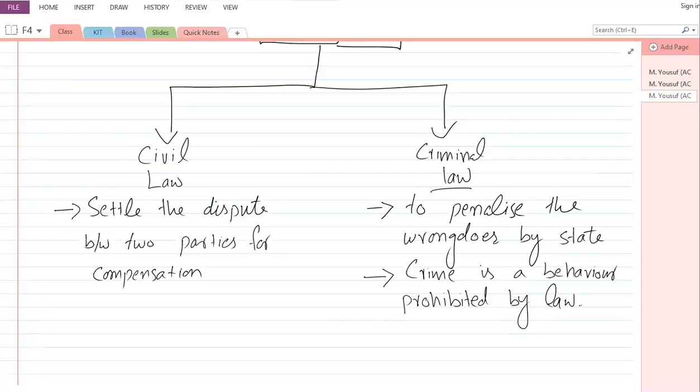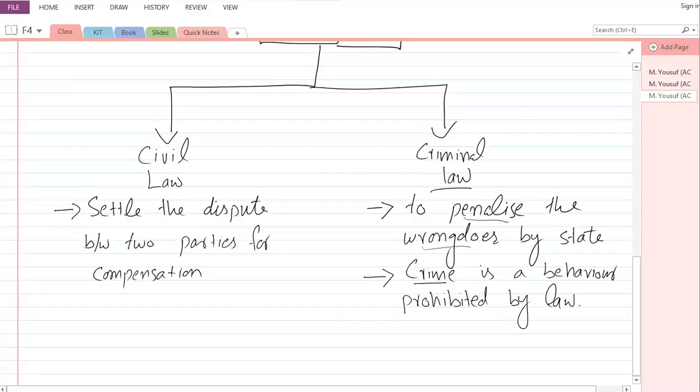And law defines the crime. Law defines that theft is a behavior that is not acceptable by any means, and this behavior is prohibited. Law nominates that act as a crime. So according to law, whatever behavior is prohibited for the individual is called crime. Whoever does such a crime, or Mr. A is involved in any sort of crime, the purpose of criminal law is to penalize that person.